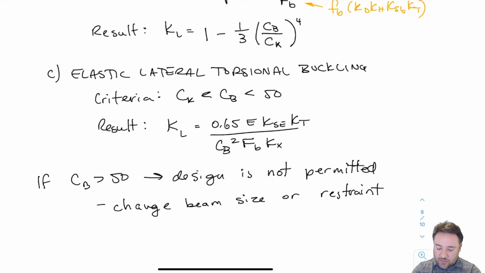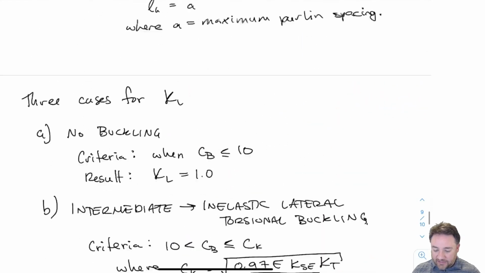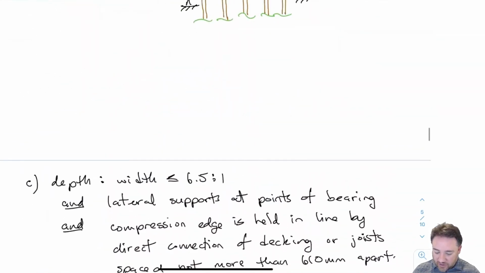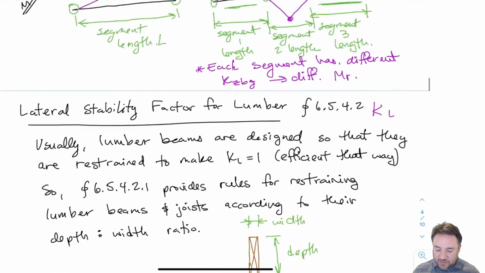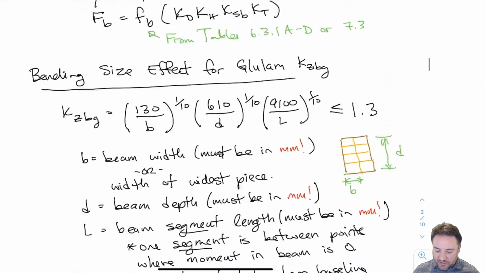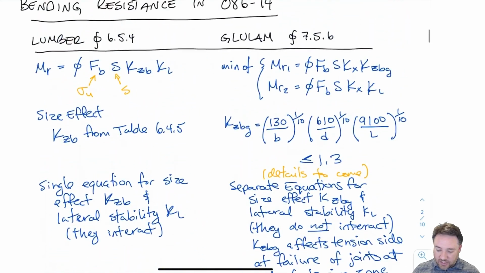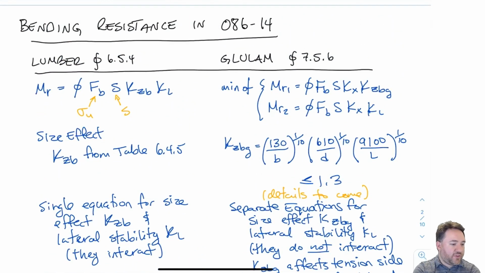So that's it. Now, once I calculate my KL, I can take that and sub it all the way back in. So I've got my KL for lumber or glulam using the lumber lateral stability factor or the glulam lateral stability factor. And I come all the way back to my equations for MR for bending resistance. I can now sub KL in there, and we also saw how to calculate KZBG.